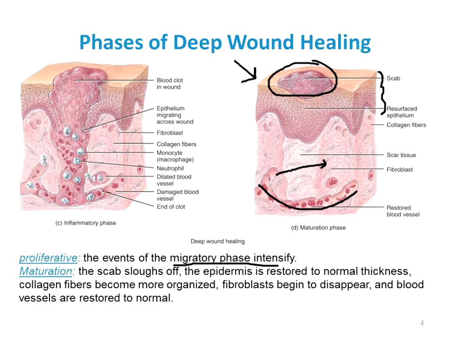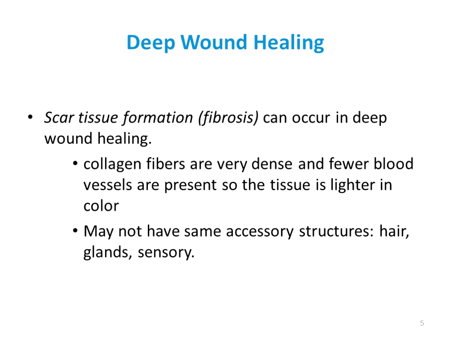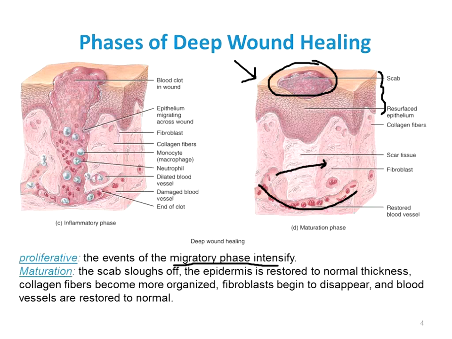And that's because, talk about this next one, scar tissue can result from deep wound formation. So what happens is collagen fibers are very dense in scar tissue. So there are fewer blood vessels, and that's why your scars often look lighter than the rest of your skin, because it's basically mainly collagen fibers, and blood vessels weren't part of that scar right here.